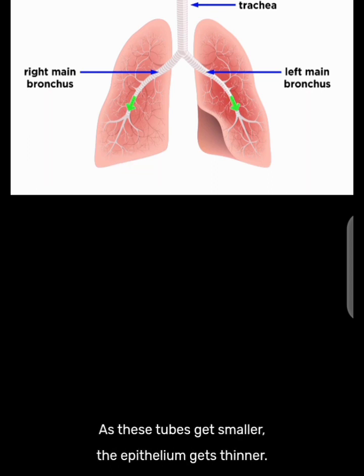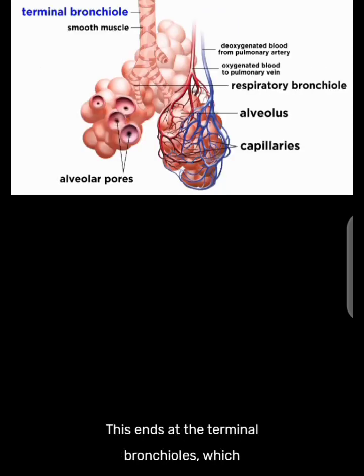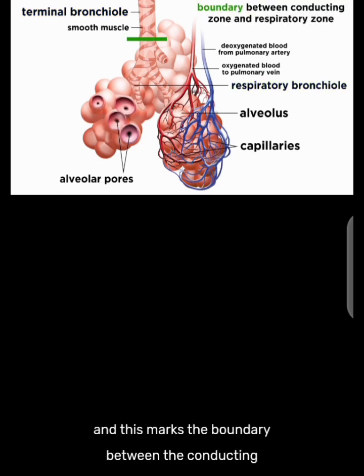As these tubes get smaller, the epithelium gets thinner, the amount of cartilage decreases, and the amount of smooth muscle increases. This ends at the terminal bronchioles, which feed into the respiratory bronchioles, and this marks the boundary between the conducting zone and the respiratory zone.